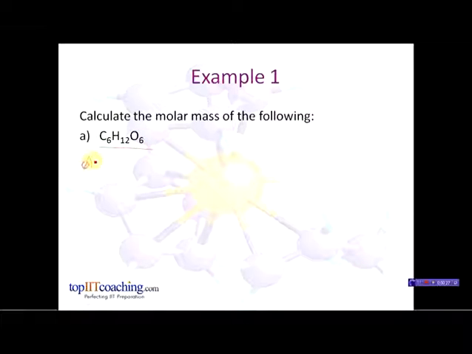We know that the atomic mass of carbon is 12, the atomic mass of hydrogen is 1, and the atomic mass of oxygen is 16.